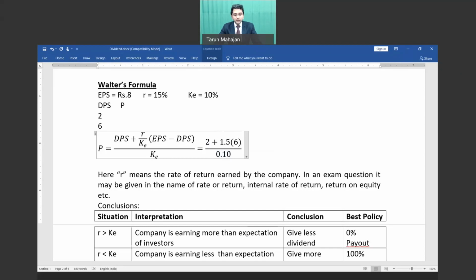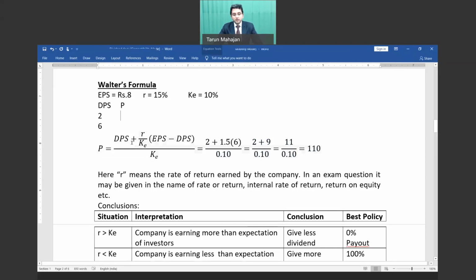So it is like this: 2 plus 9 divided by 0.10. So that's equal to 11 divided by 0.10. That's equal to 110. Okay, so if I decide to give 2 rupees of dividend, this will become 110 rupees.